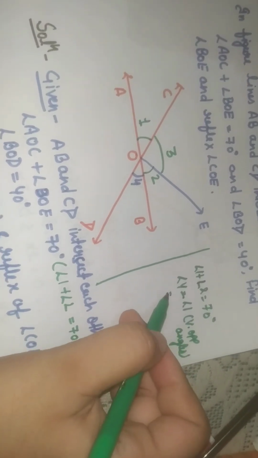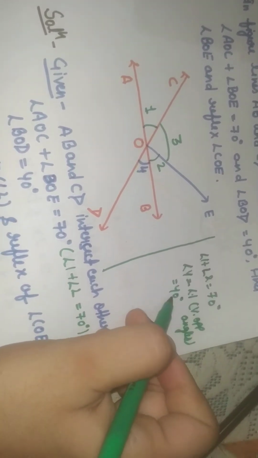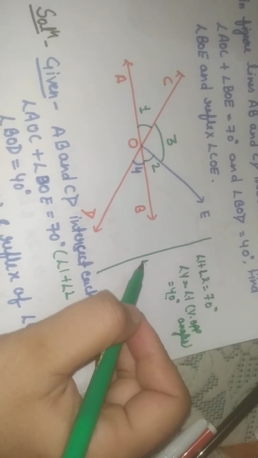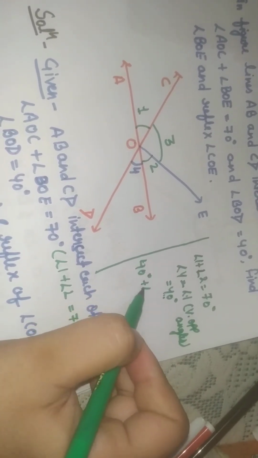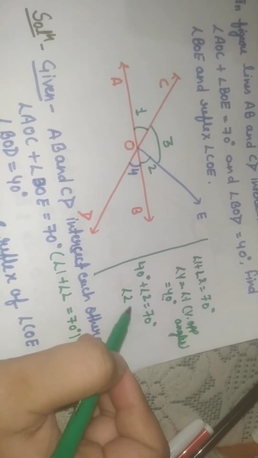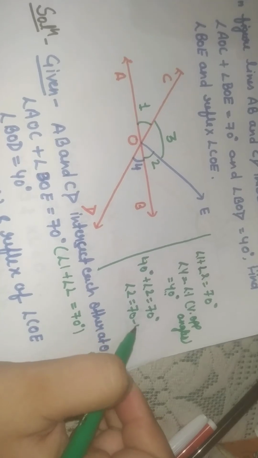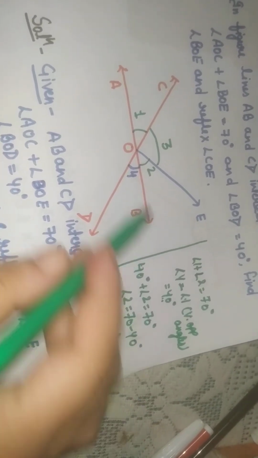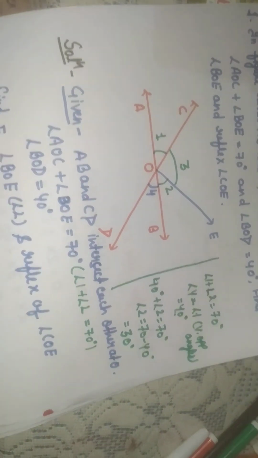And angle 4 is equal to 40 degrees. So angle 1 is 40. If angle 1 is 40, we can keep the value here: 40 plus angle 2 is equal to 70 degrees. So angle 2 is equal to 70 minus 40, which means 30 degrees. So angle BOE will be 30 degrees.